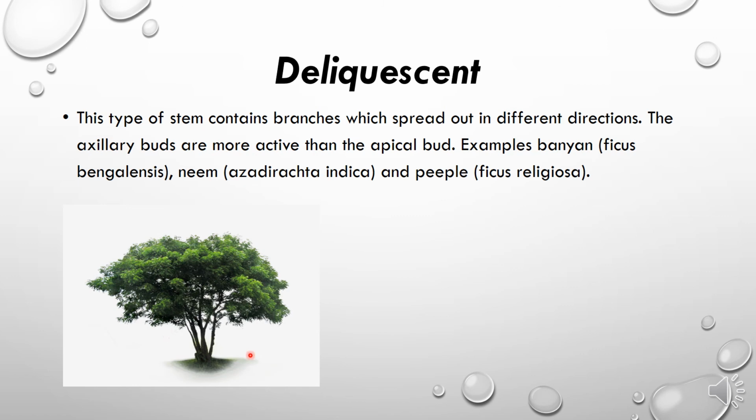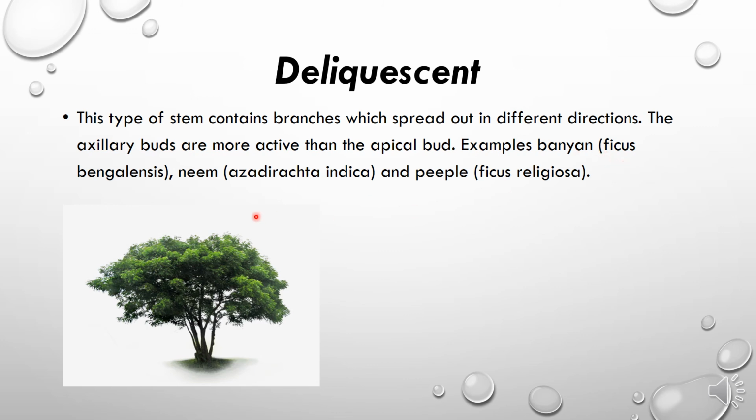Deliquescent is a very common type of tree which is found around us. This type of stem contains branches which separate out in different directions, as you can see here in the case of the neem tree. The axillary buds are more active than the apical buds. You can see the side buds or axillary buds are more active and have more branches as compared to apical buds.